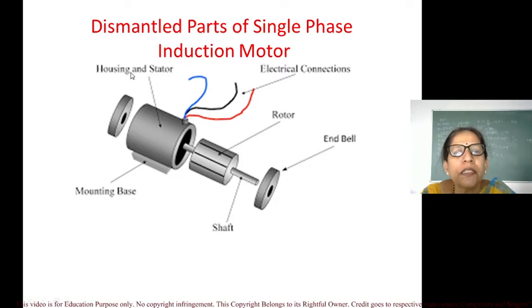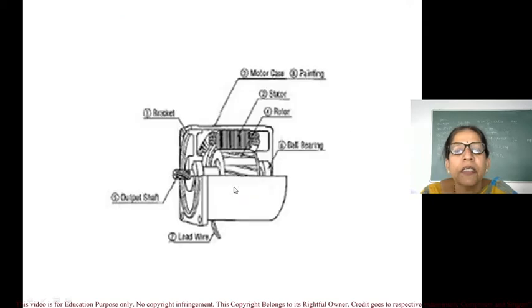Around the stator there will be the housing or the yoke or the frame, and this frame will be placed on the foundation using the mounting base. So the rotor will be inside the stator, and on the two sides the shaft will be closed using the end covers.